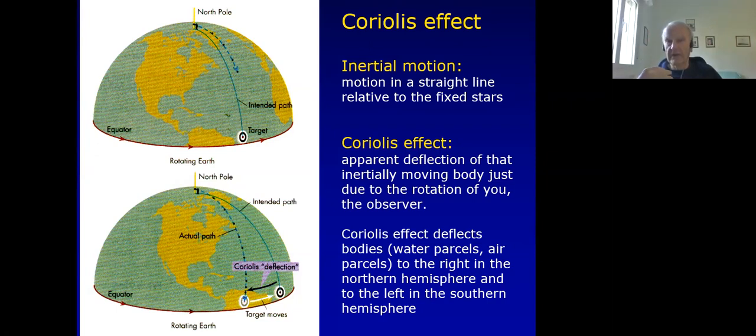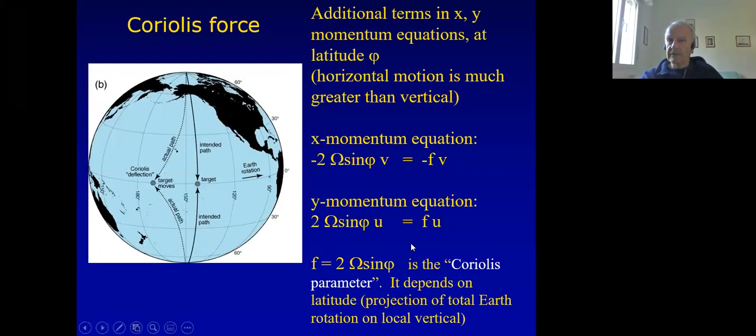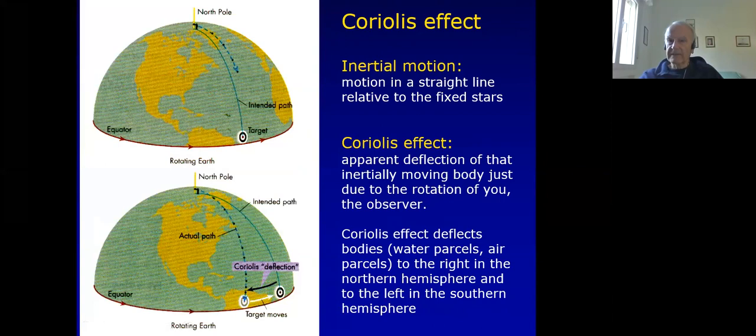We as observers see that the particle which has been pushed in a certain direction and moves inertially is deflected, because we are observing the particle in the rotating system. So the Coriolis effect, in fact, deflects bodies, water parcels, air parcels, to the right in the northern hemisphere, and to the left in the southern hemisphere.